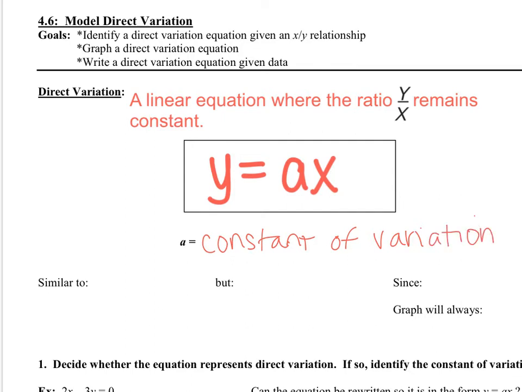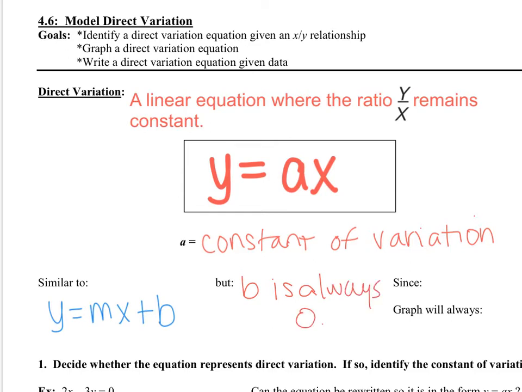And so this equation is extremely similar to y equals mx plus b, because in both cases y is isolated. But the difference is that in the direct variation equation, as opposed to the slope-intercept equation, b, or the y-intercept, is always 0.